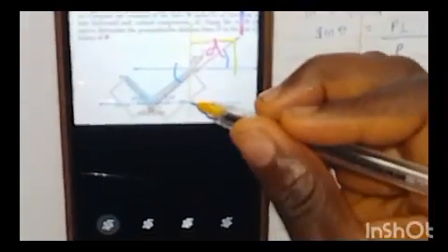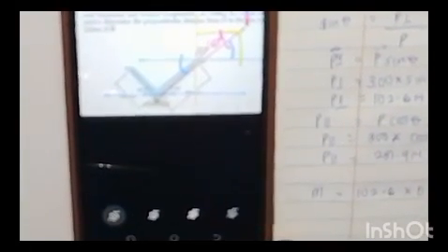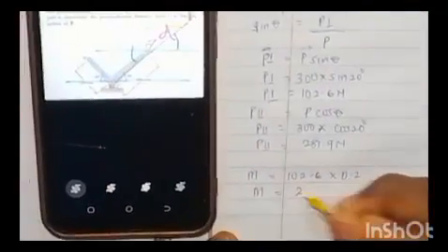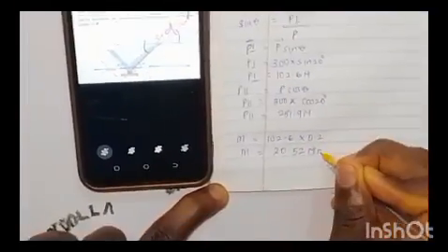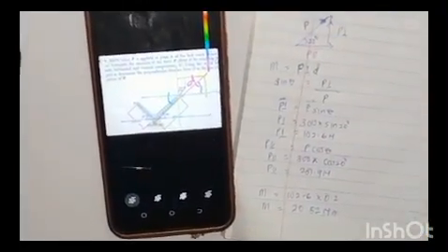So we can convert this to meter, which will be 0.2. So our moment about this point will be 102.6 times 0.2, which is 20.52 Newton meter.